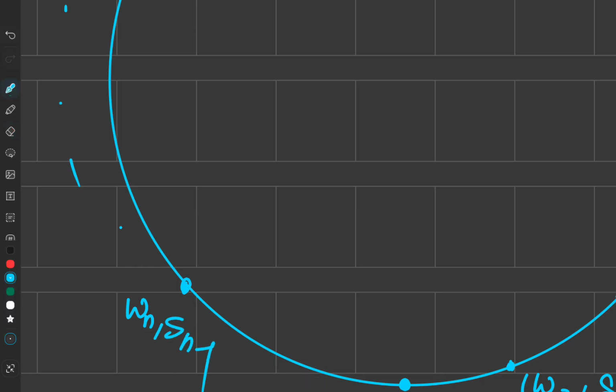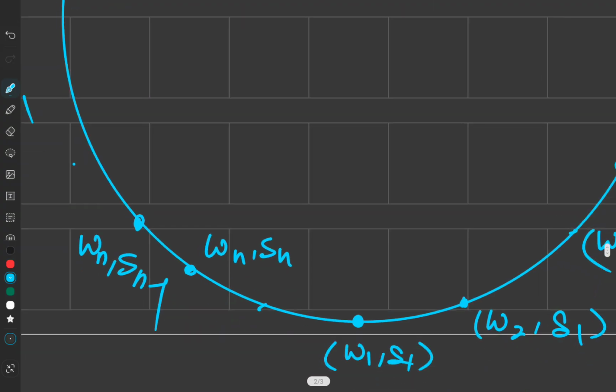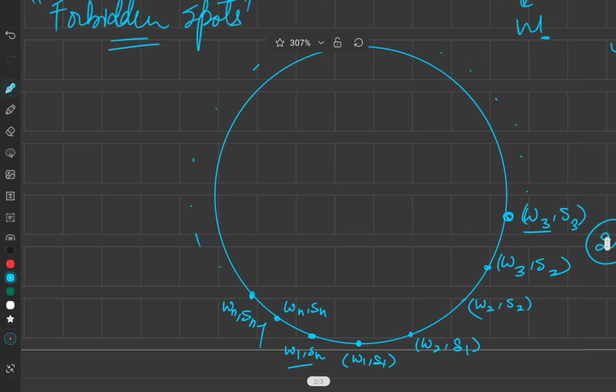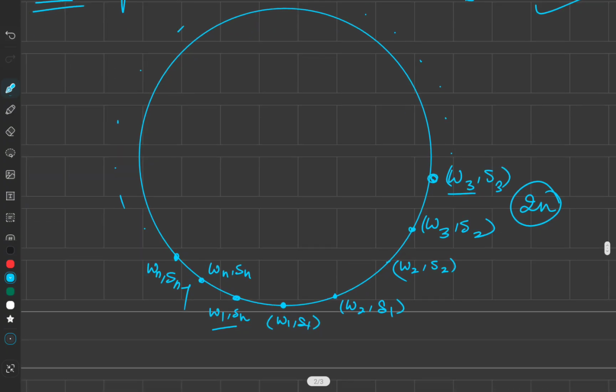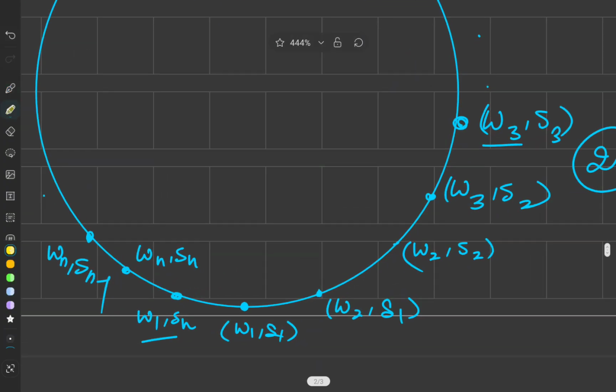Sn minus 1, then wn sitting on sn, and then w1 sitting on sn. These are the cases, right? Now, as we know, w1 can either be on s1 or w1 can be on sn.